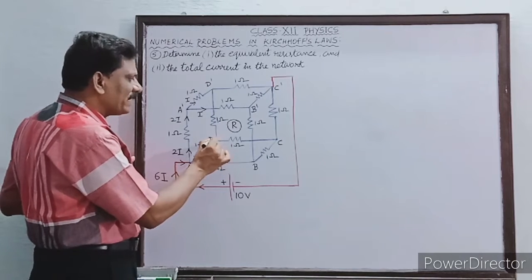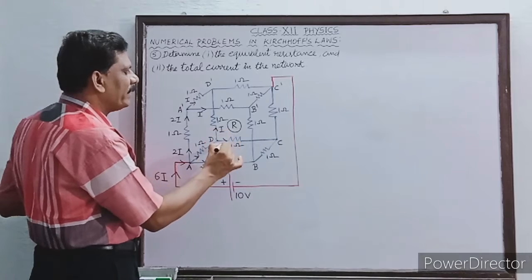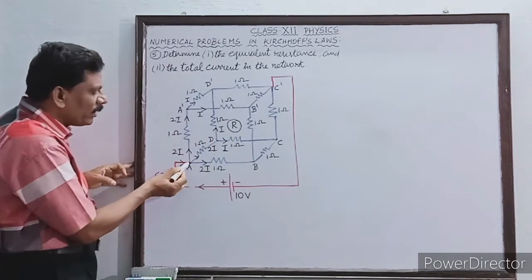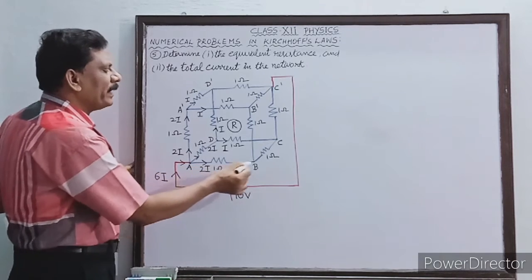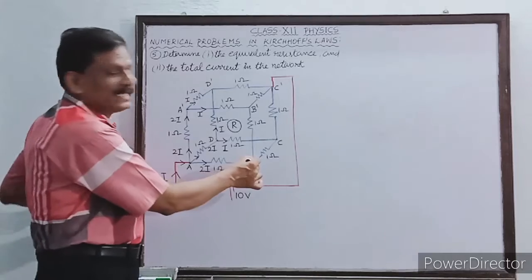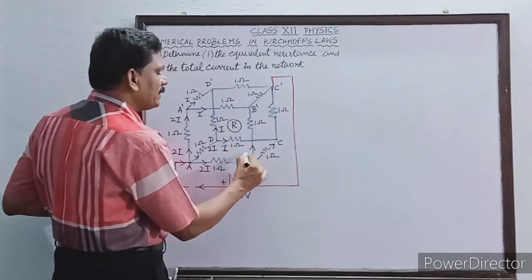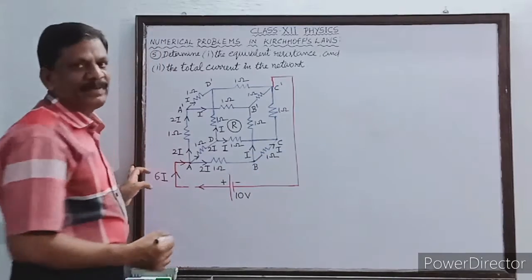At junction D there are 2 paths, so the current will divide as I ampere and I ampere. From A to B the current is 2I ampere. When it reaches junction B, again there are 2 paths, so this current will divide as I ampere and I ampere.